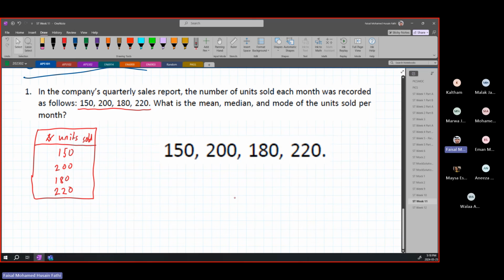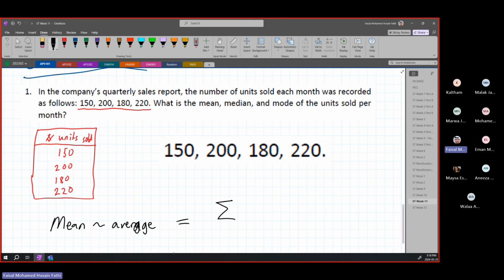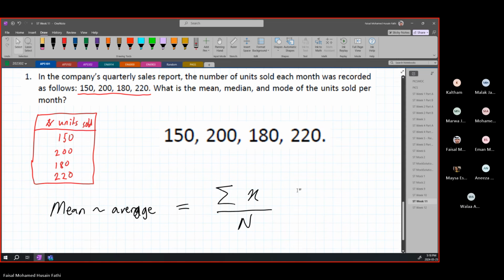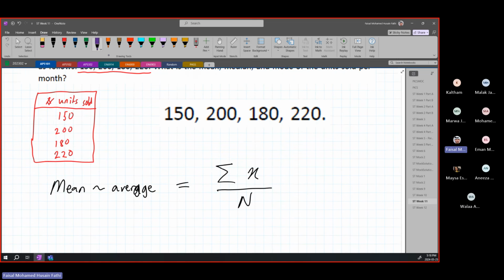To find the mean, the mean is basically the average. This is going to be equal to the summation of all your data, x, over your n. What does this mean? x is basically your data value, in this case these values.